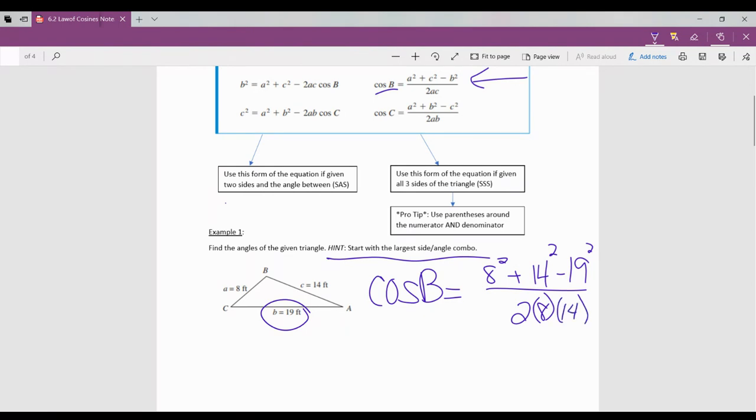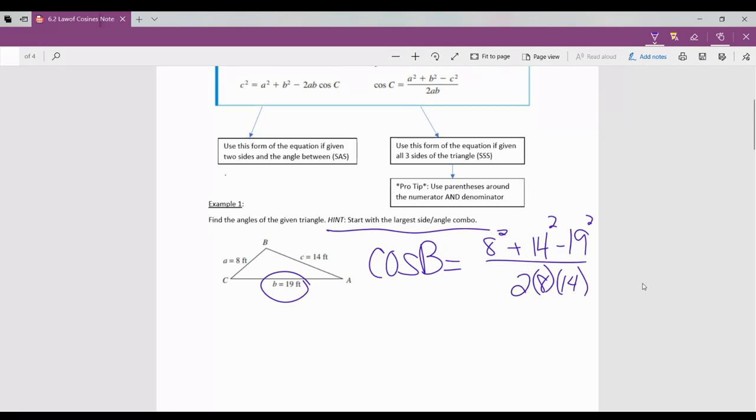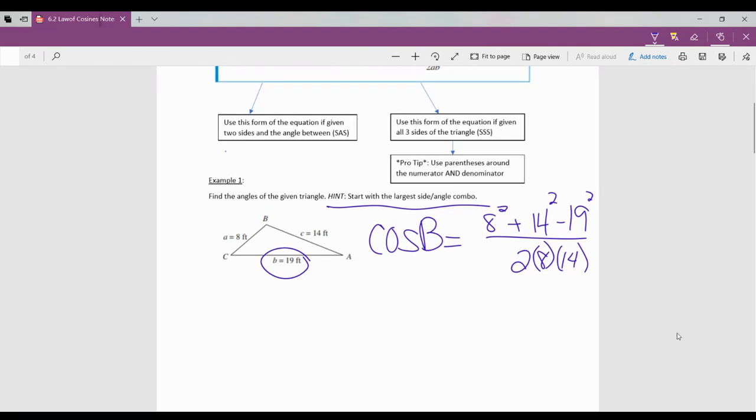Up here, the pro tip says to use parentheses around the numerator and the denominator. So when I'm typing this into my calculator, I make sure I do that. First, parentheses, 8 squared plus 14 squared minus 19 squared, close those parentheses, divided by, in parentheses, 2 times 8 times 14.